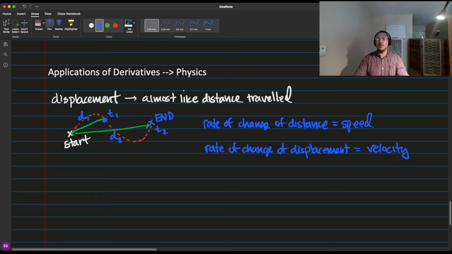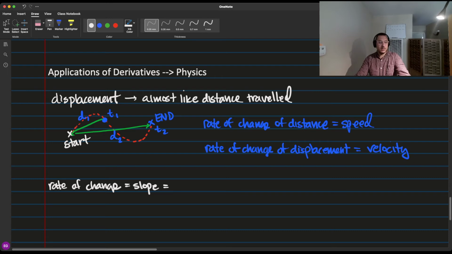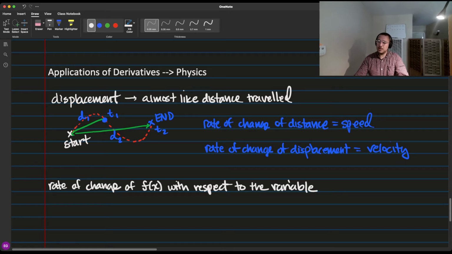Okay, so let's talk about rate of change. Rate of change is just slope. So when you talk about rate of change, you have to talk about the rate of change of some function with respect to the independent variable. So if your function is f of x, you would want the change in f over the change in the independent variable x.